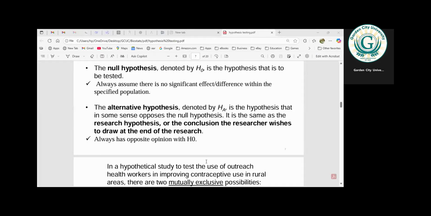Just keep in mind that the null will always tell you that there's no difference, there's no change. The null will always tell you that it is the default. Let me use that word, default. So for example, this 75% that someone is claiming, let's say 75% are using antenatal care.